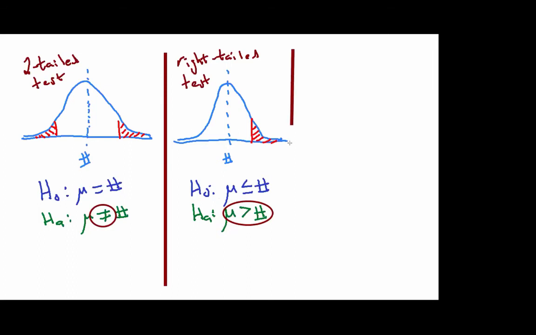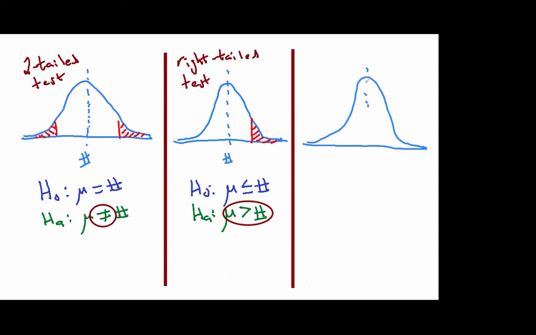Okay. And then last but not least, let's draw the third scenario, which is the left-tailed test. So here's the bell curve. They're getting sloppier, I apologize. Okay, here's the value. In this case, the null hypothesis is that our population mean is greater than or equal to some value, meaning my value is here or larger.